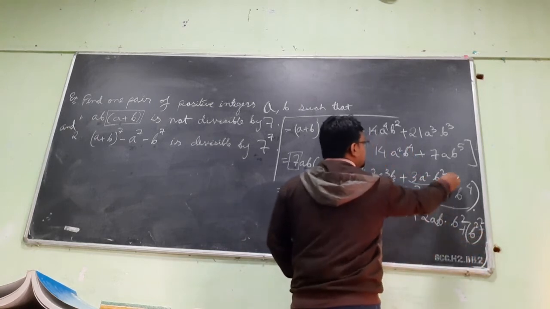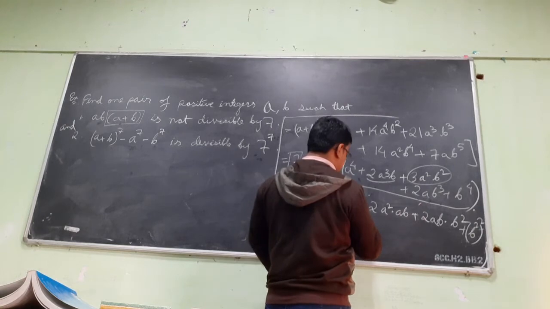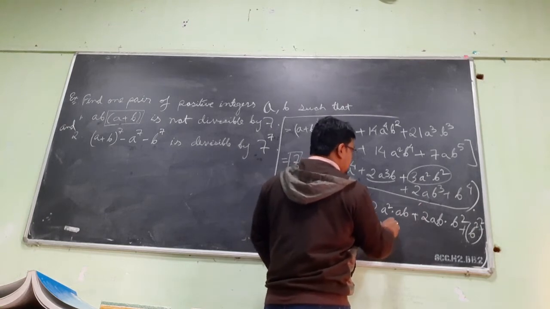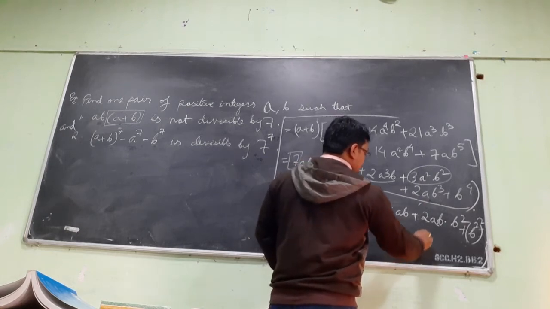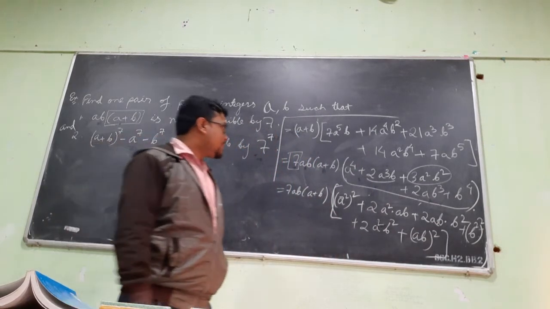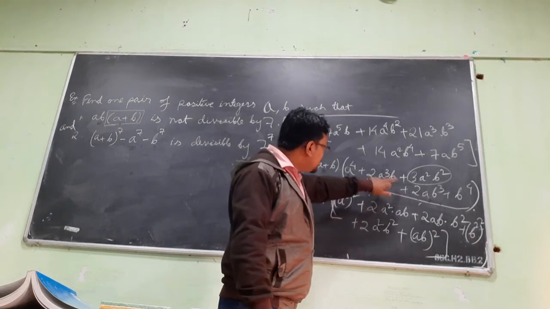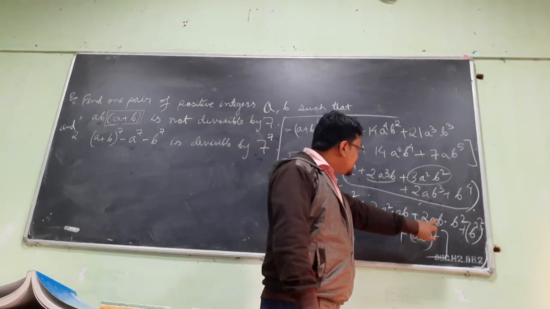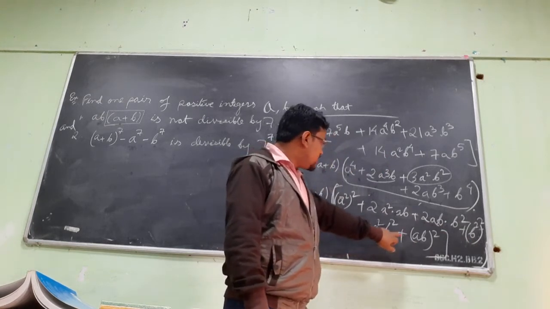This is there, only this term is left. So can I write it as twice a square b square plus ab whole square? So this is a square whole square, plus 2a square into ab, plus twice ab into b square, plus b square whole square, plus twice a square b square, plus ab whole square.